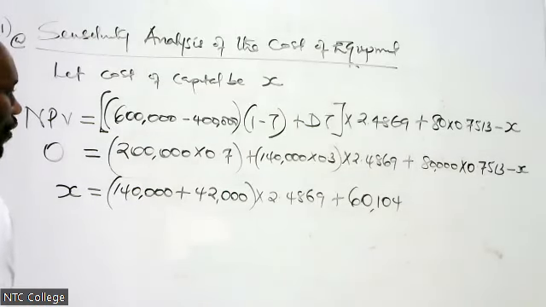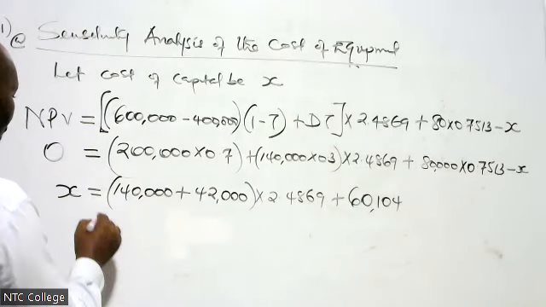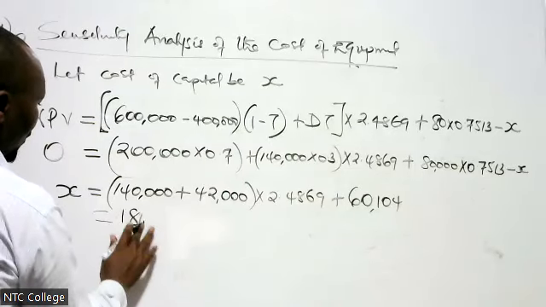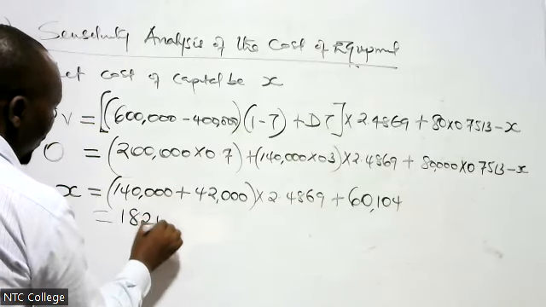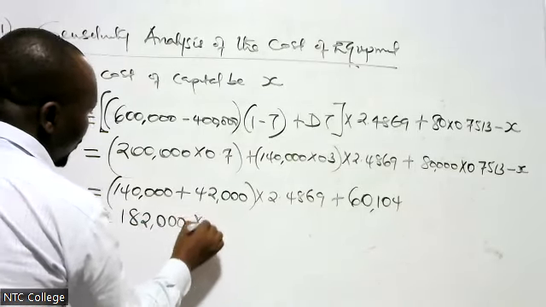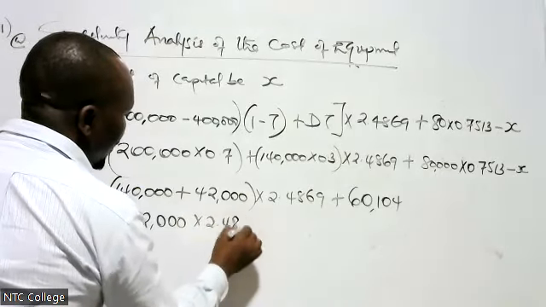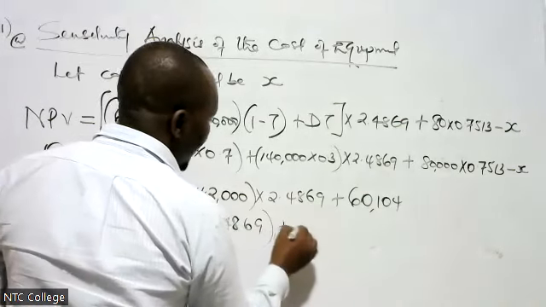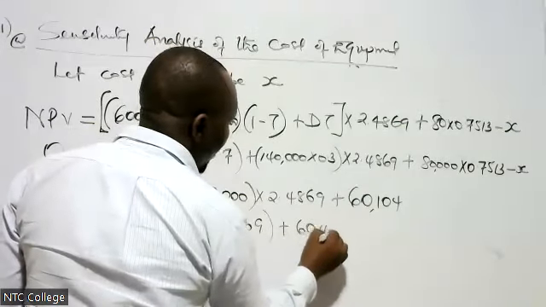Now, if you add this one, unapata ngapi? Somebody to help me here. Mi nikiadi, naona ni kama 182 times 2.4869 plus 6104.